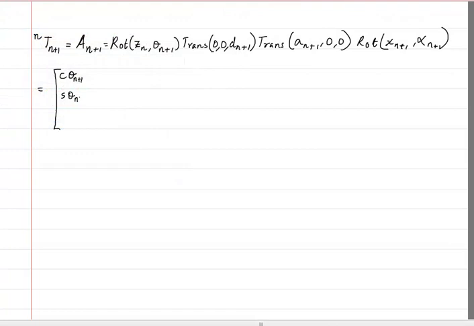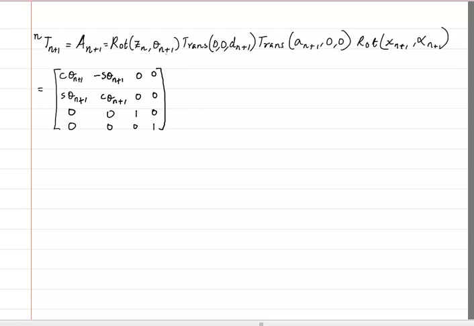Okay, so theta n plus 1, 0 with a scaling factor of 0, then minus sine theta n plus 1, then cos theta n plus 1, 0 with a scaling factor of 0, 0, 0, 1, 0, and finally, since there is no translatory motion here, it is going to be 0, 0, 0, 1. So that is rotation with respect to z-axis of an angle of theta n plus 1.